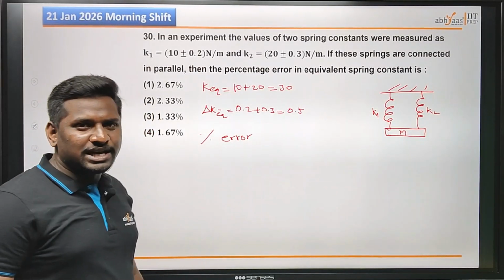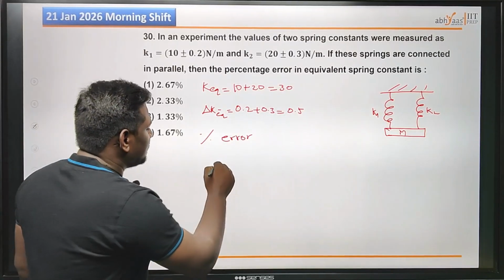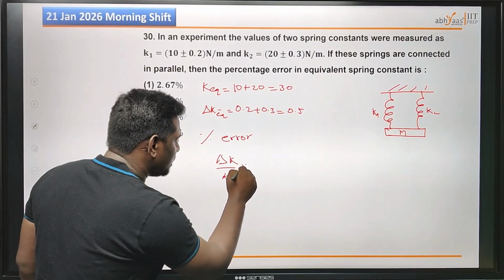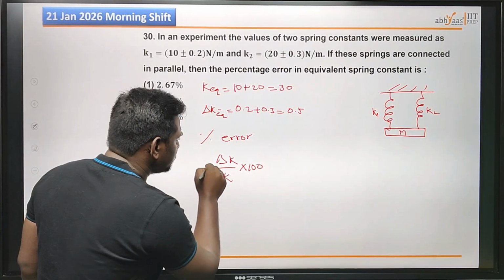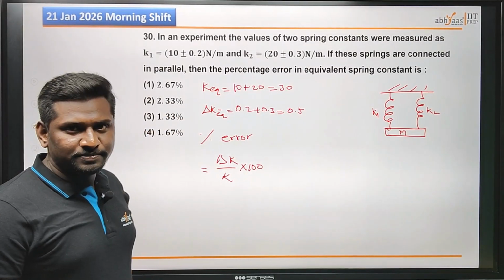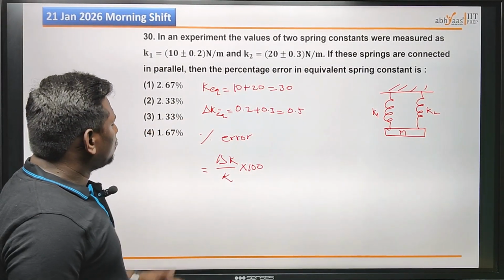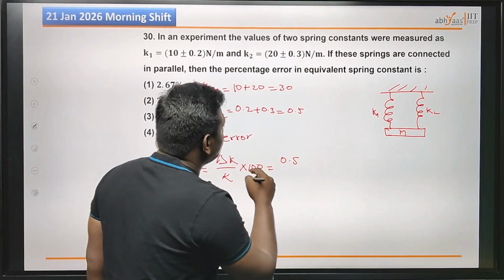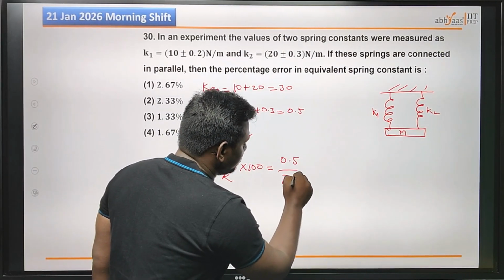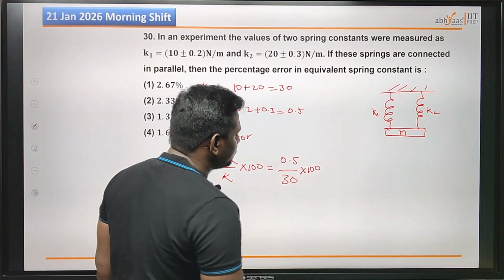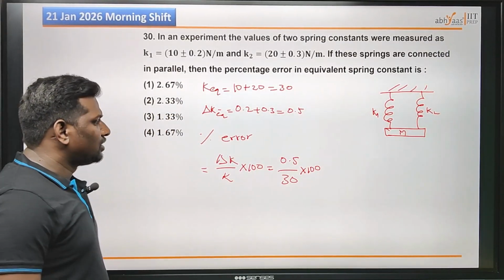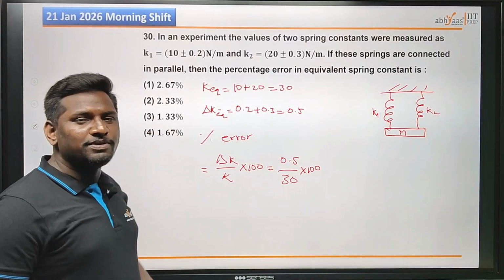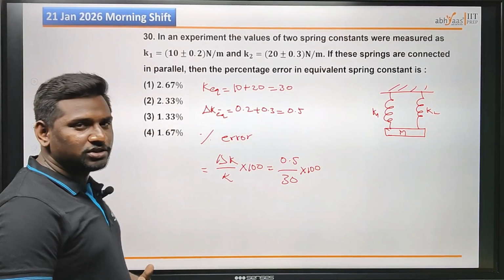So percentage error can be written as delta K by K into 100. So delta K is 0.5 by 30 into 100. If you simplify this, you will get one answer.